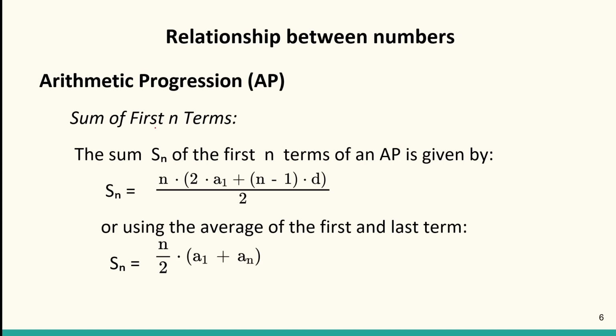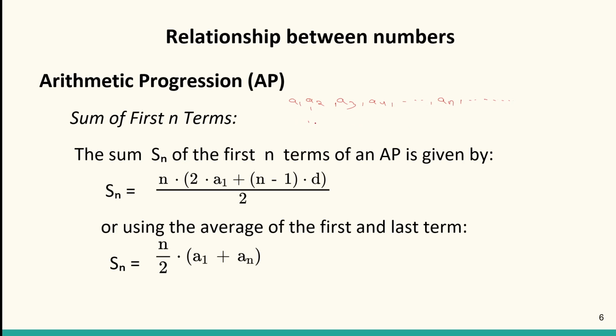Let's learn a formula on this: the sum of first n terms. If a1, a2, a3, a4 and so on is an arithmetic progression sequence, then what is the sum of the first n terms? At some point we'll get an, and then further terms.